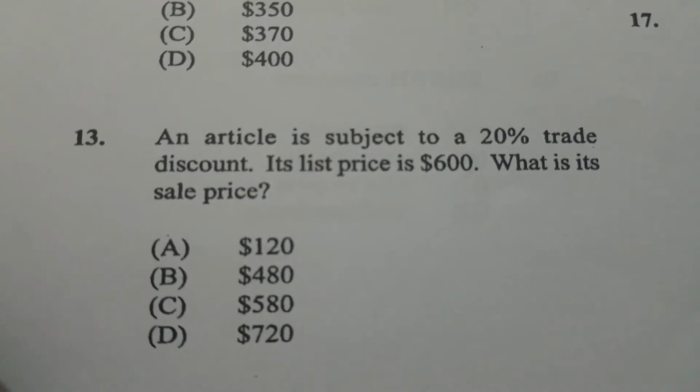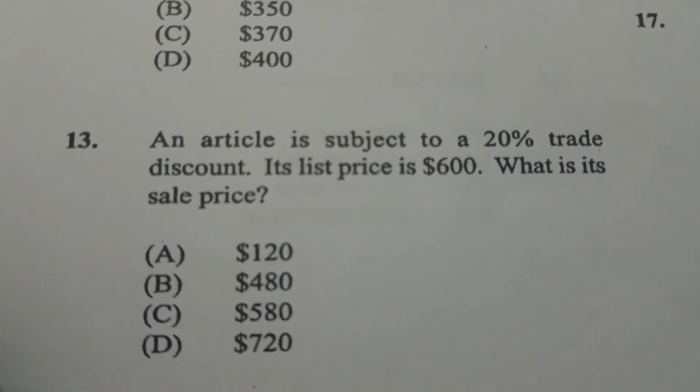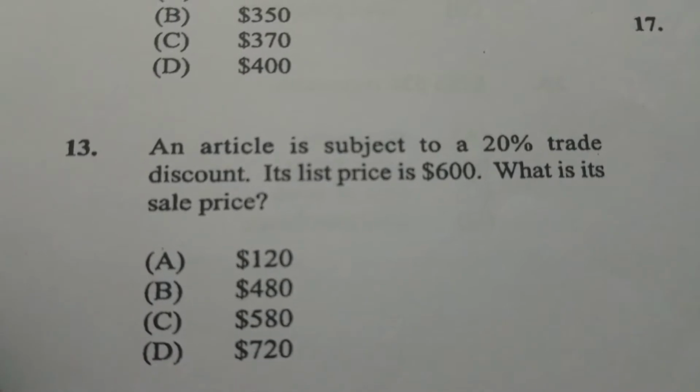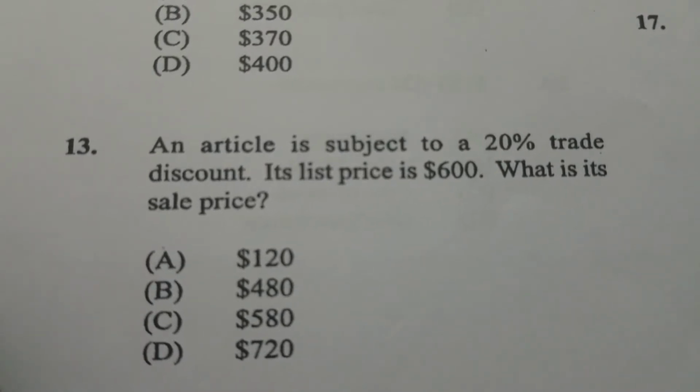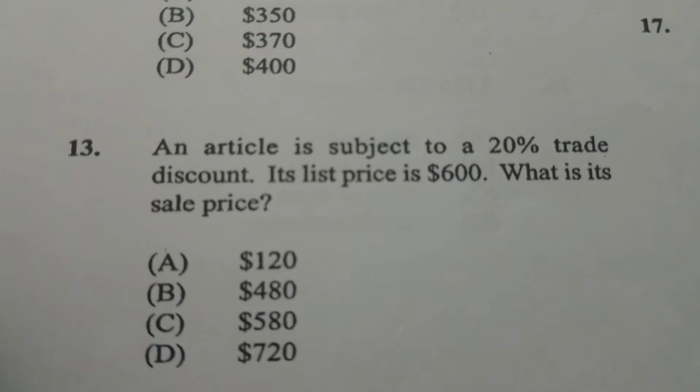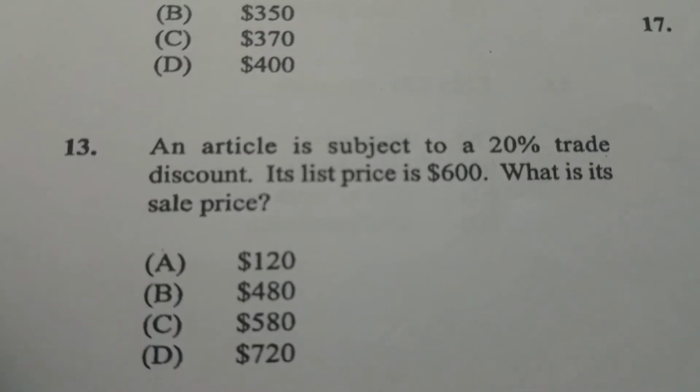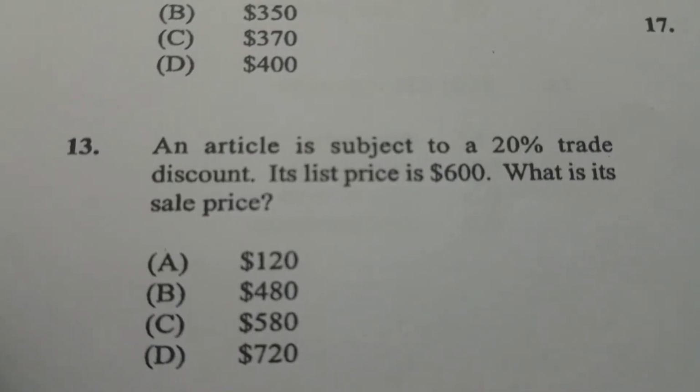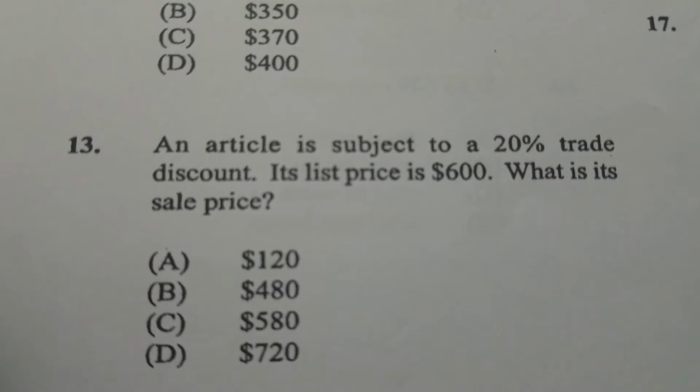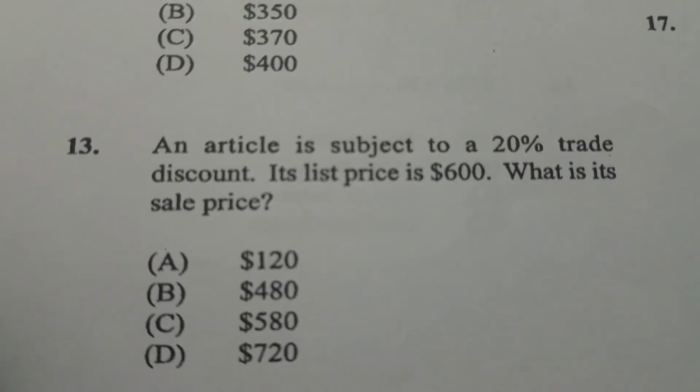Item 13 says an article is subject to a 20% trade discount. Its list price is $600. What is the sale price? And our answer is $480.